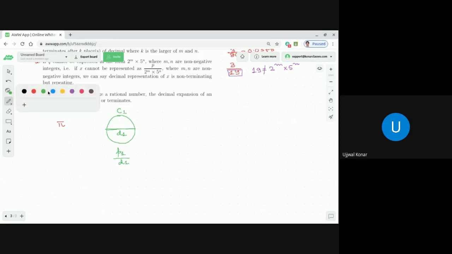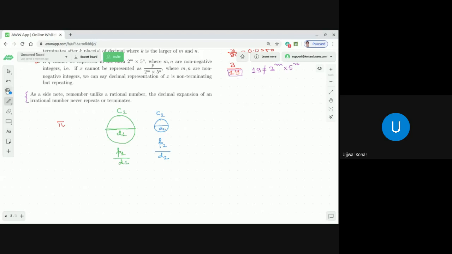Now you construct another circle. That circle should be a little smaller than the previous one. And let's give the name of the circle as C2. And similarly, we find its circumference, that is P2, divided by its diameter D2. So this is the diameter D2.